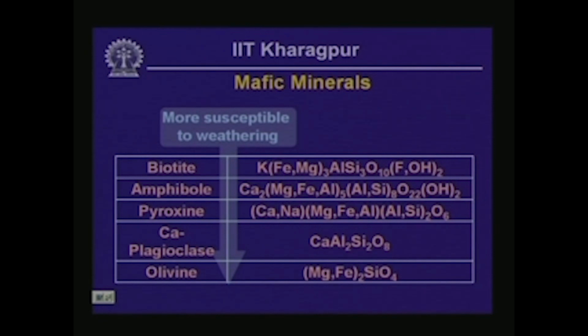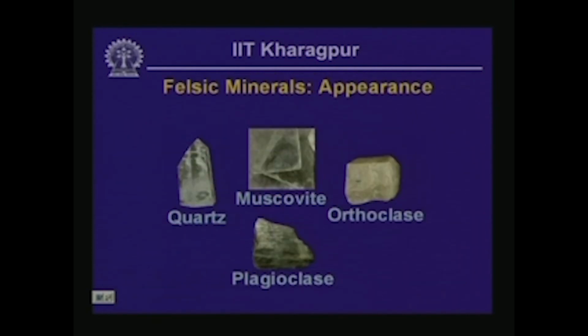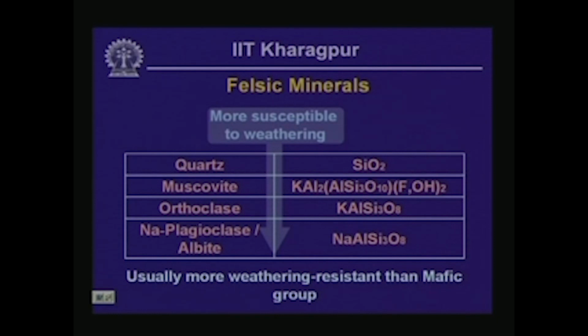And in this case, what happens in general, as you climb down the table shown on your slide there, the rocks become more and more susceptible to weathering. If you recall from the previous table, rocks become more and more susceptible as you transit from quartz to muscovite to orthoclase to sodium plagioclase in case of felsic minerals.